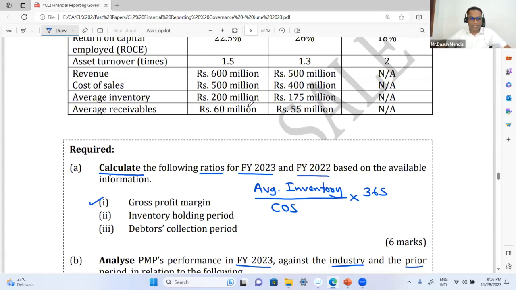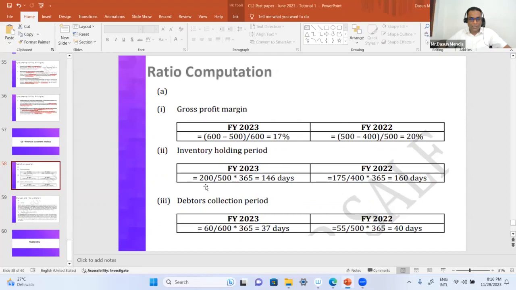Now, if you do the computation here, what is the average inventory? 200. Cost of sales, 500. Now, looking at the answer, 200 is the average inventory, right? Cost of sales 500, 200 divided by 500 multiplied by 365. How many days? 146 days in year 2023.